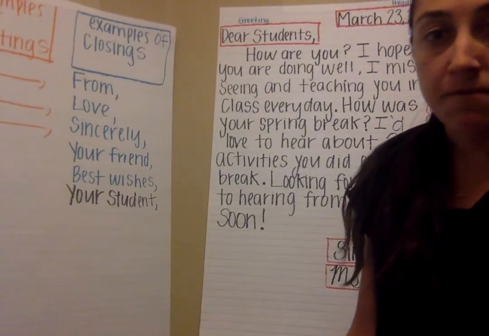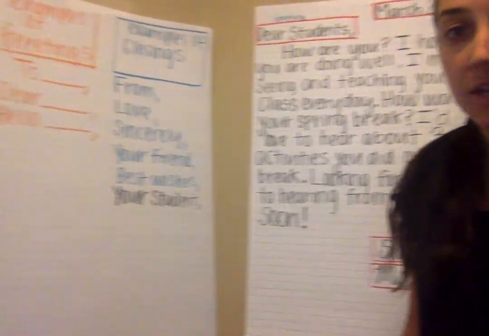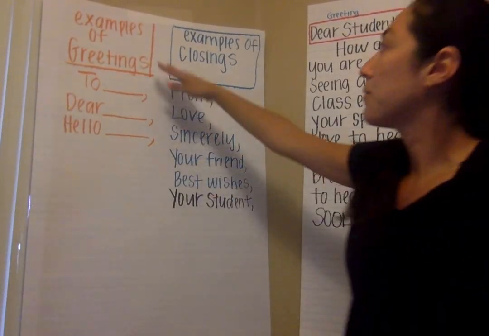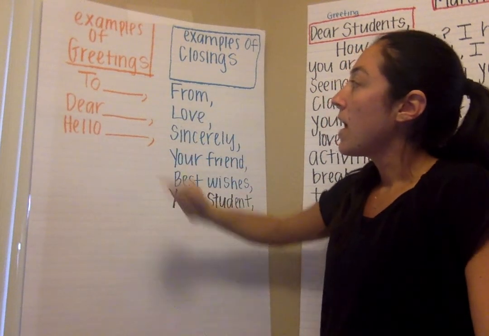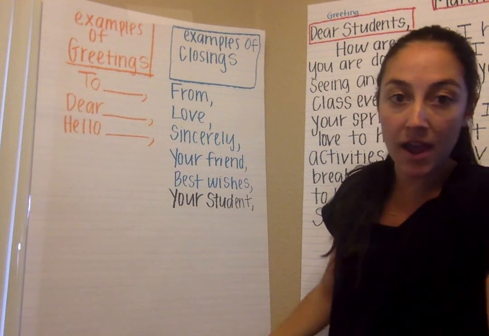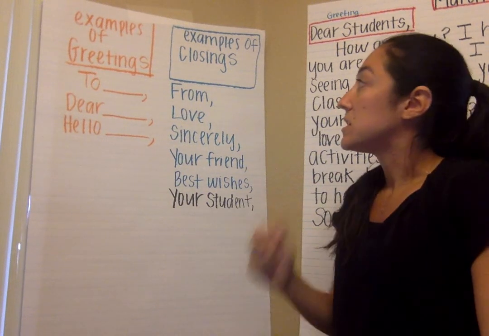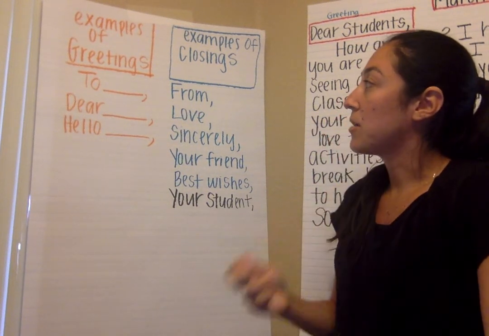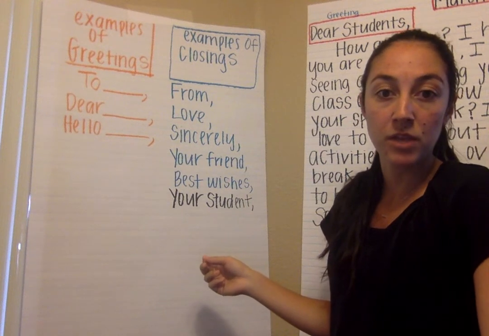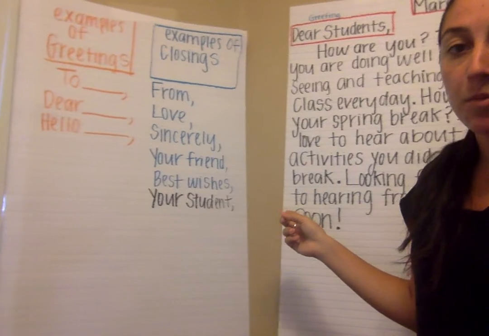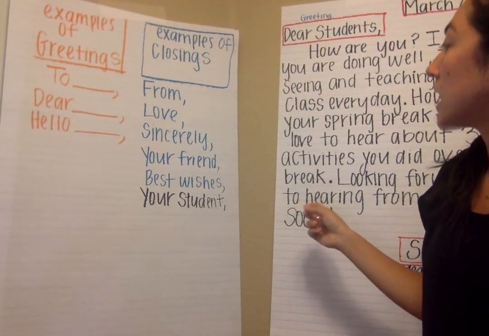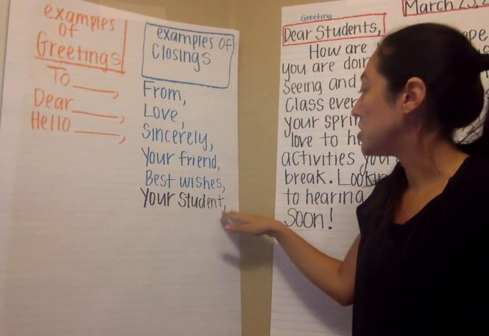So these are just a few options that you can use again to start your letter. We start with greetings, so you could say dear, to, hello, and then the person who you are writing to comes after that. Please make sure that you use a capital letter because it is a proper noun when we are talking about people's names. And then these are examples of closings, and then I added one that you can use.